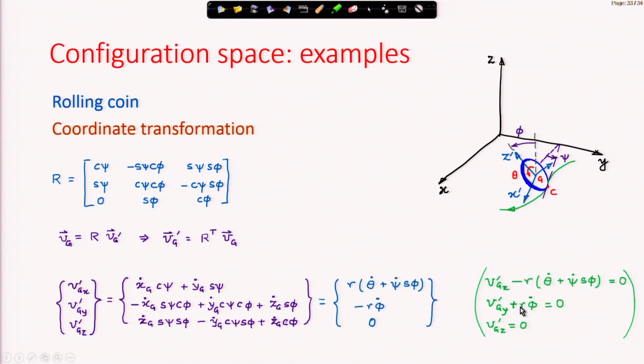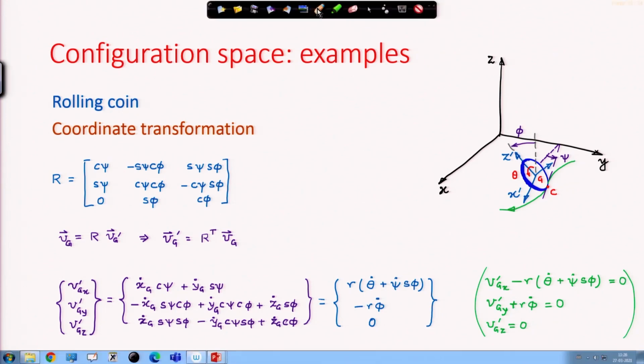And remember, we had the no slip constraints in the primed frame. Therefore, I have V g x prime is this, and from the transformation I have this.